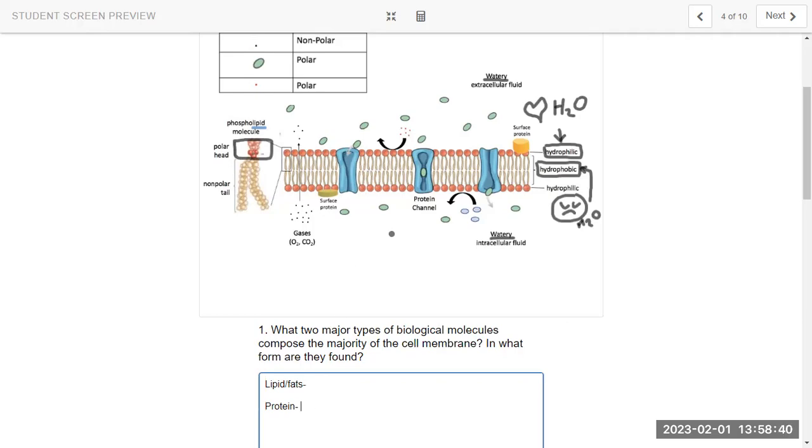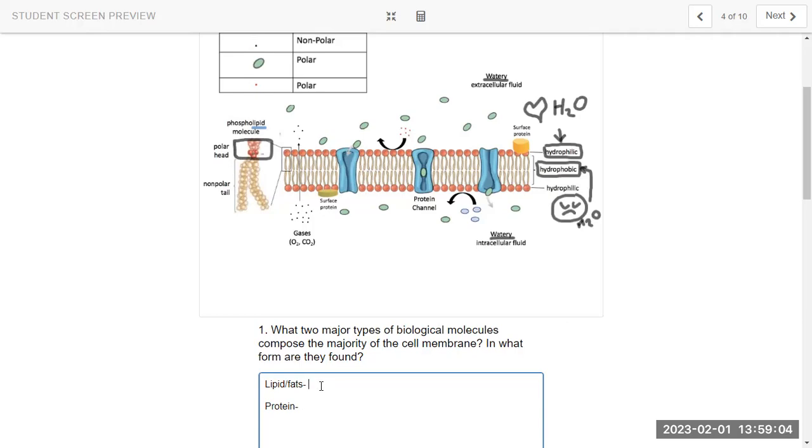Now the second part says, in what form are they found? Okay, you tell me. What are the lipids in here? What form is that? What does it look like? Okay, you tell me, what does that look like? You tell me what the proteins look like. Yes, there it is.